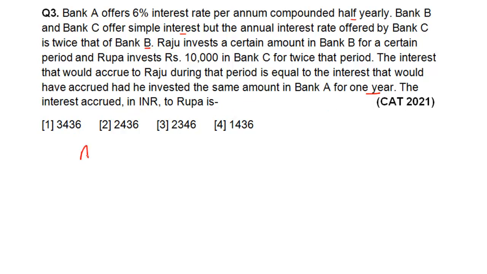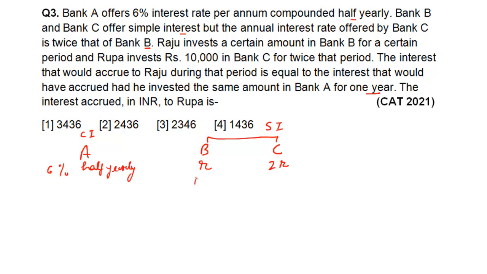So here there are three banks, A, B and C. B and C are giving simple interest, but Bank A is giving compound interest, 6% compounded half yearly. If the rate of interest for Bank B is r, then C has twice the interest rate, that is 2r.